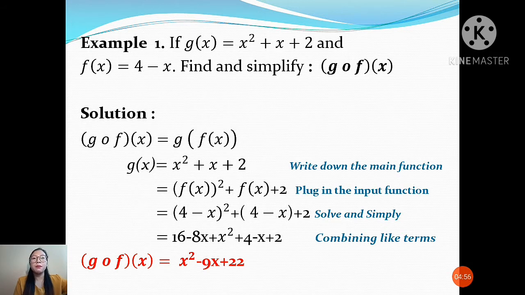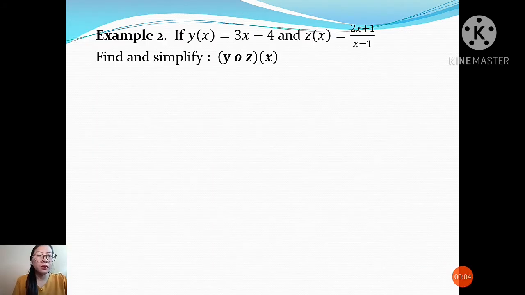So for our example number 2, if y(x) = 3x - 4 and z(x) = (2x + 1)/(x - 1), find and simplify y ∘ z(x).